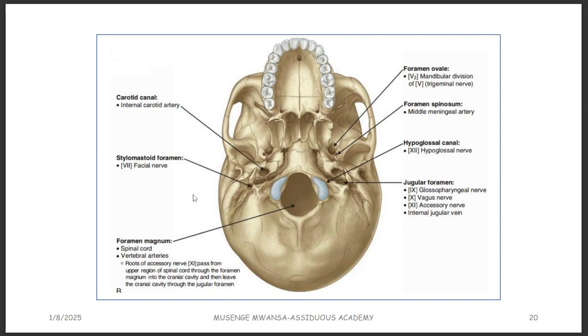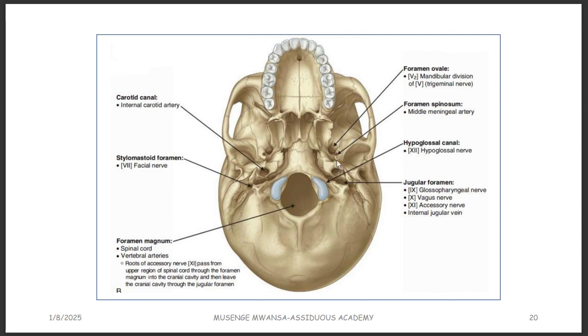Okay. So just for your orientation sake, if you want to identify the foramina on this view, first identify the foramen magnum. On the side of the foramen magnum, you have got the hypoglossal canal. More lateral to the hypoglossal canal, you have the jugular foramen. Now anterior to the jugular foramen, that's where you have the carotid canal. And then when you go more in front, you have got the foramen spinosum and the foramen ovale.